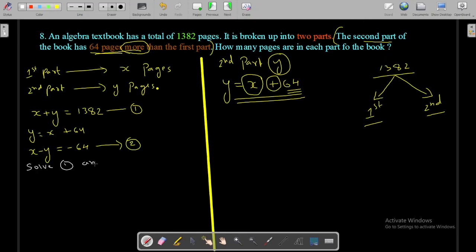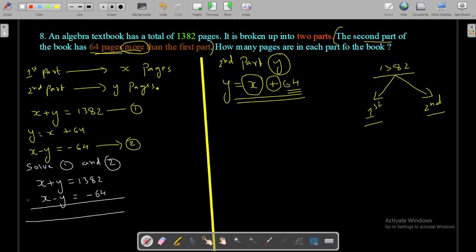Solve equation 1 and 2. So what we will get? X plus y is equal to 1382. X minus y is equal to minus 64.